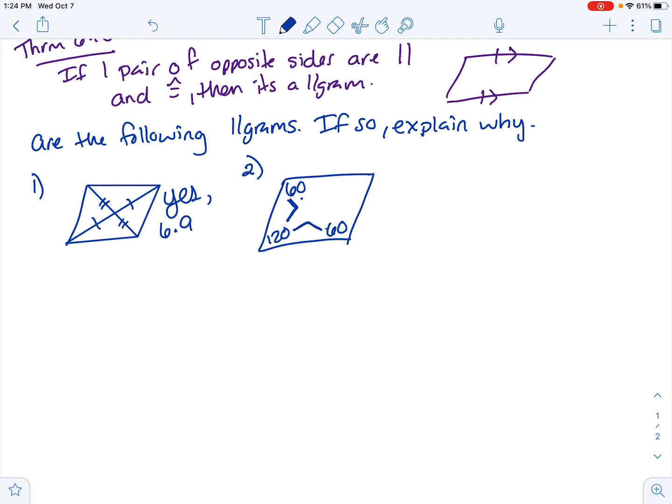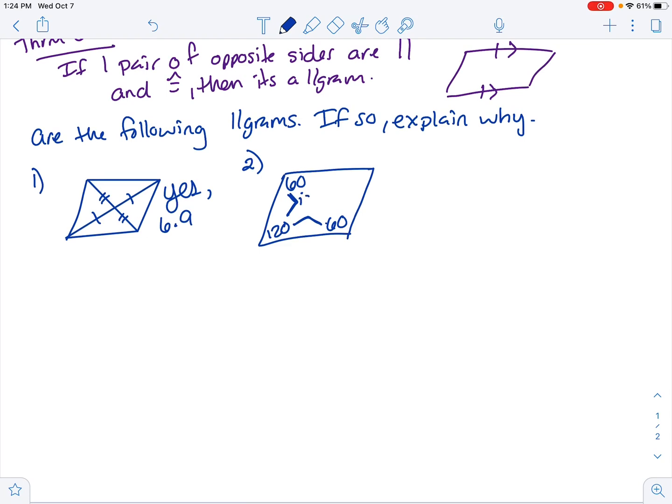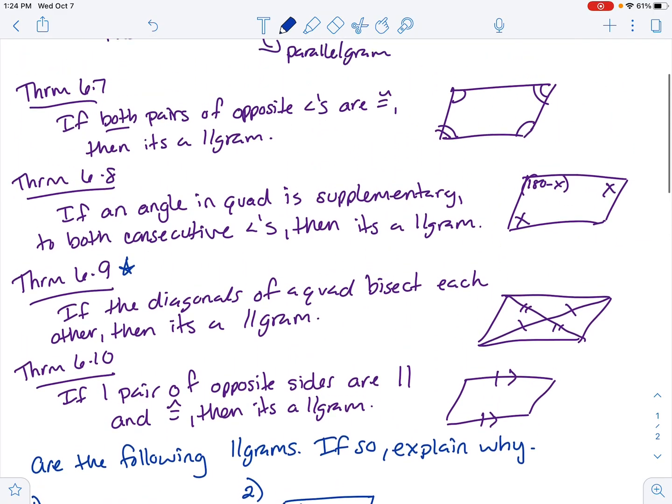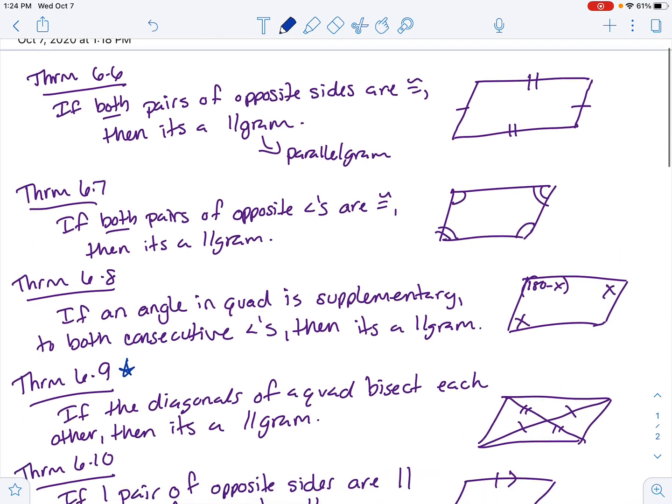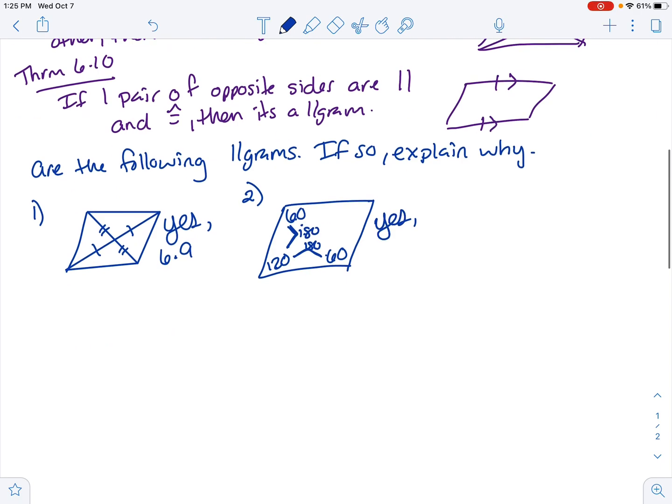And these are consecutive. So they should be what? Supplementary. Supplementary means they add to 180. Well, 180 minus 60 is 120. So these should also add to 180. 180 minus 60 is also 120. So yes, now which theorem is that? That would be 6.8.